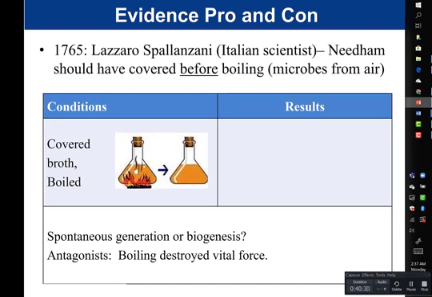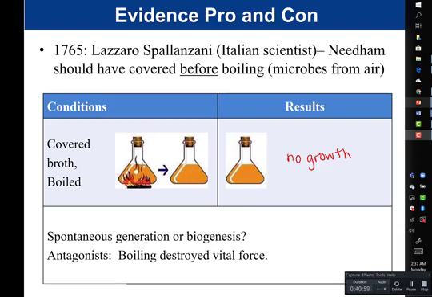What do you think his result was? What do you think he saw as his outcome? The answer is he saw no growth. That's because by covering it first and then boiling, the boiling is going to kill off any microbes. And now because it was covered before the boiling, nothing could fall in and nothing could grow.